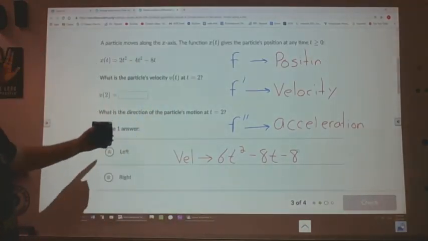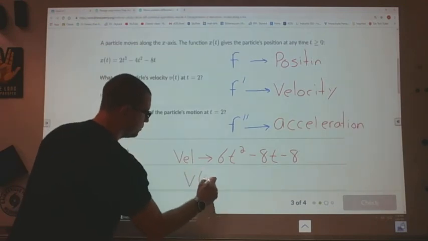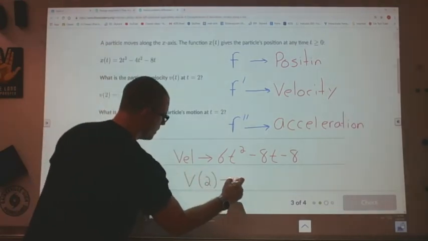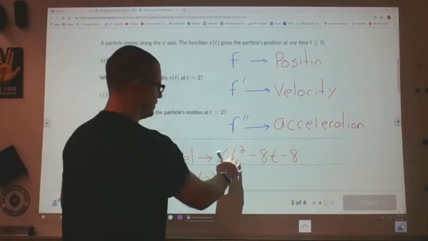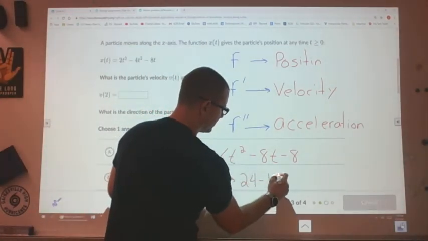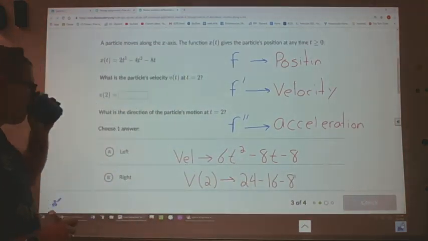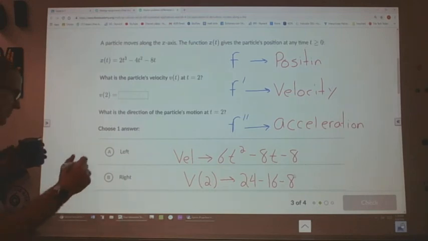And we want to find its velocity at time 2, so we're just going to plug in 2 to that. So 6 times 4 is 24, minus 16, minus 8, which is 0.